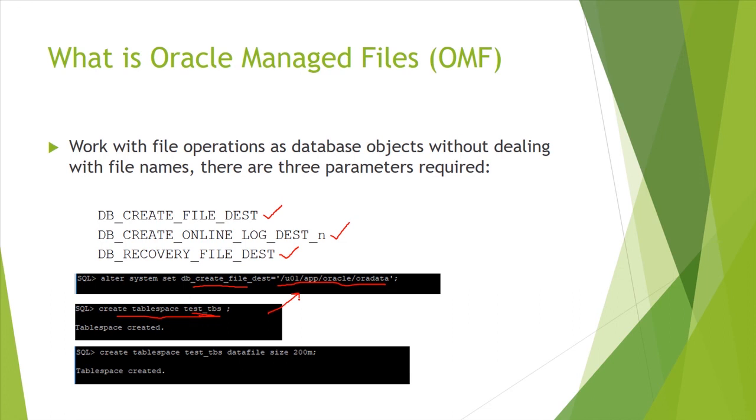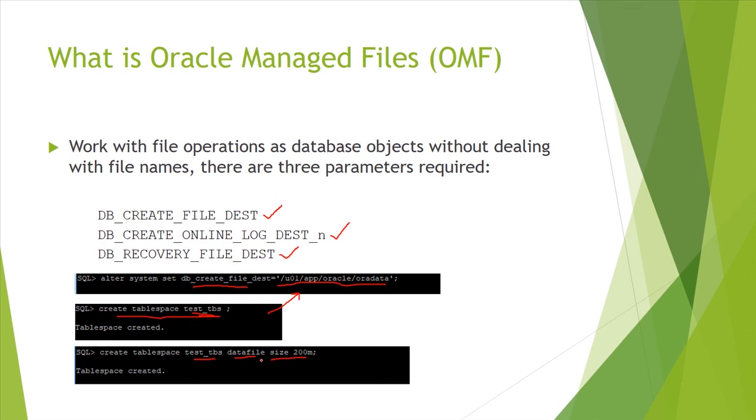The data file will be system managed, or OMF, system managed data file. The name of the data file will be system managed. The default size of the data file will be 100 megabytes. If you need to specify more than 100 megabytes, you can use a syntax like CREATE TABLESPACE, name of the tablespace, then DATAFILE SIZE 200M. Again, we don't specify operating system path and a file name.